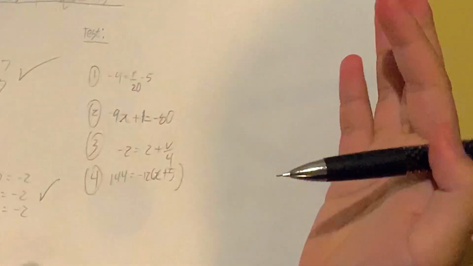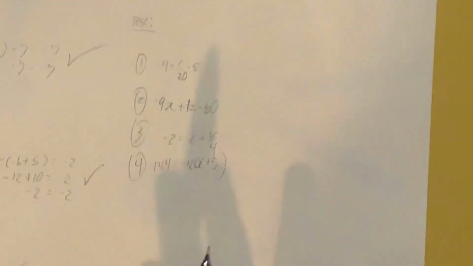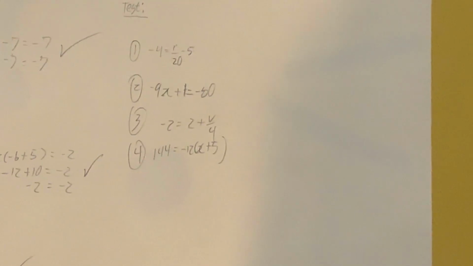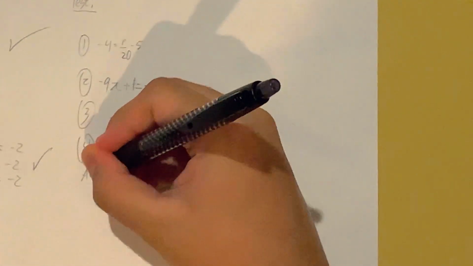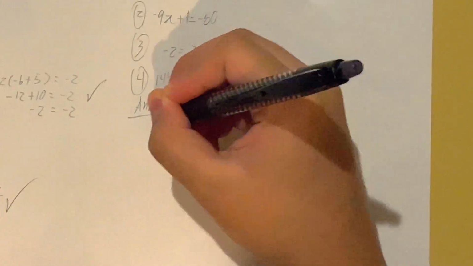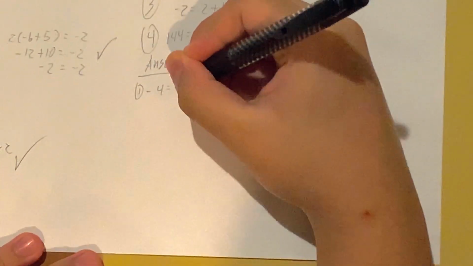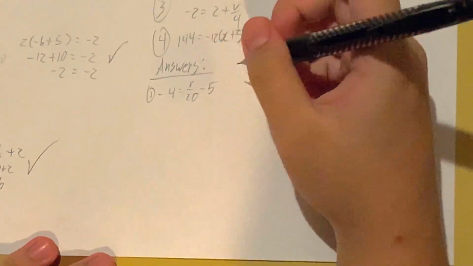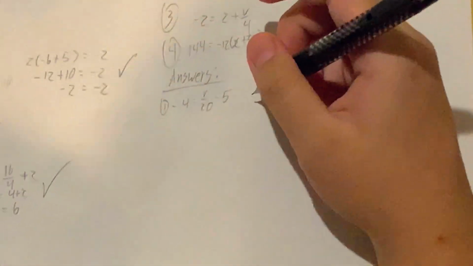Okay, test. So what I want you guys to do right now, pause the video and take a time to do these problems. Okay, so here's the answers for the test. So if you remember, this is like the hard one.